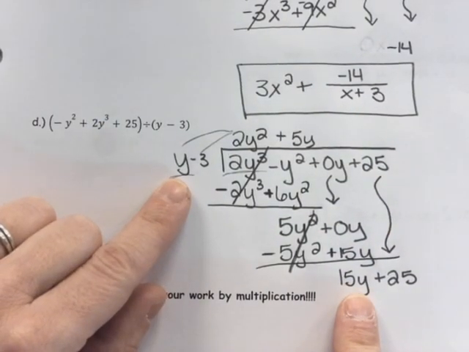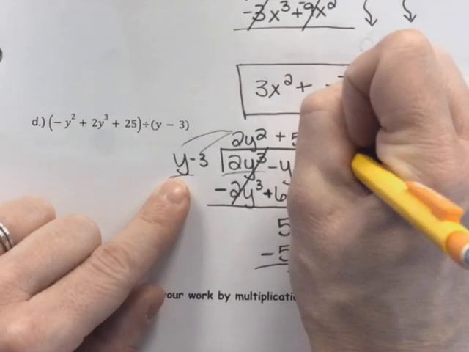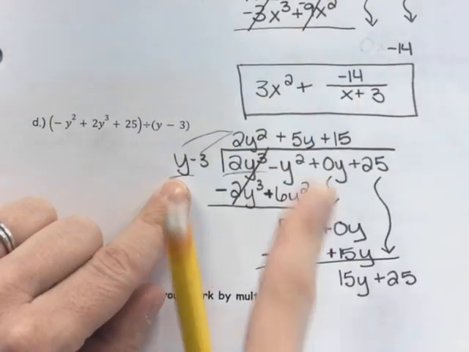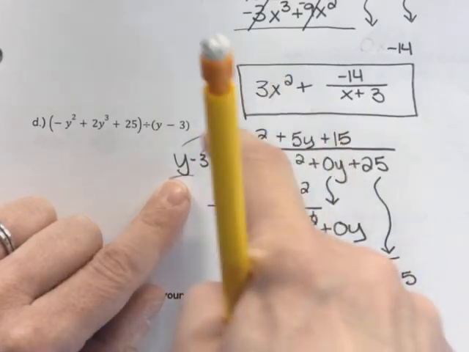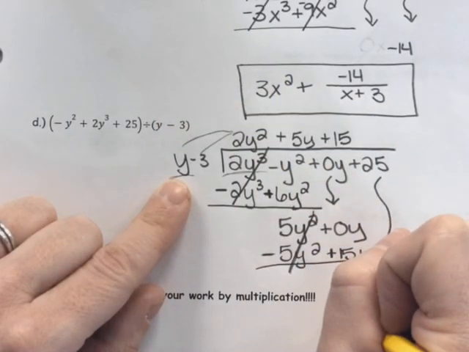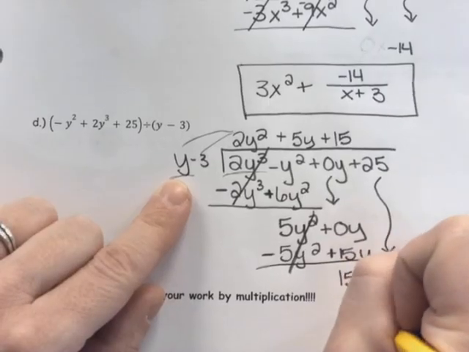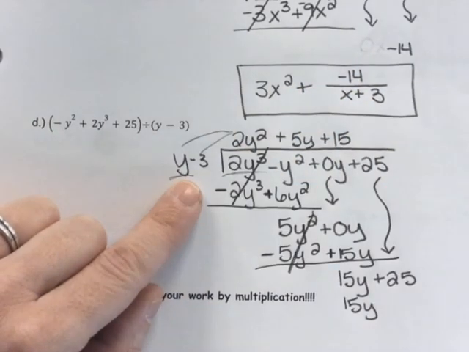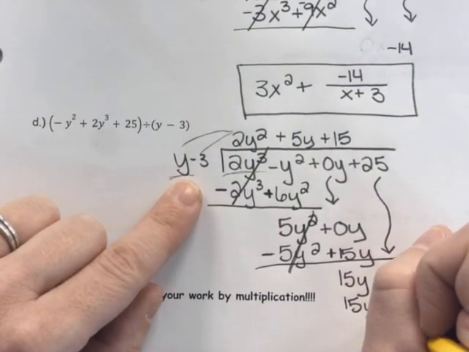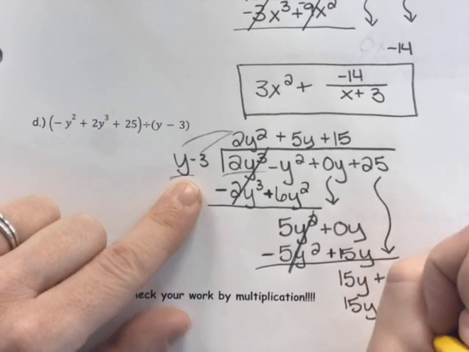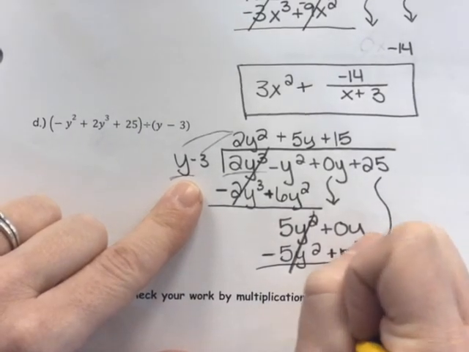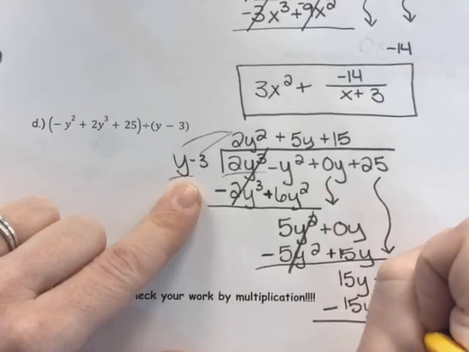Y times what would get me to 15y? 15. Okay, so let's distribute it. 15 times y is 15y. 15 times negative 3. Yeah, negative 45. And then we need to switch our signs.